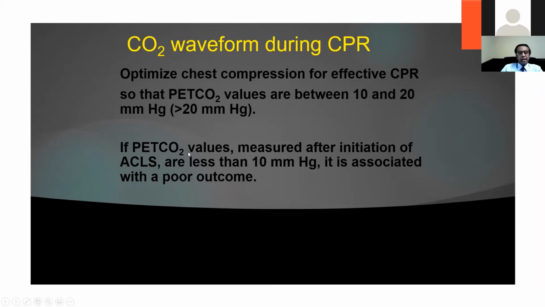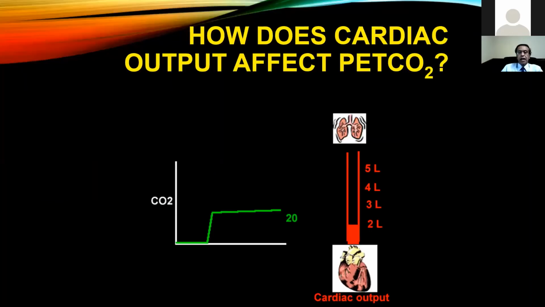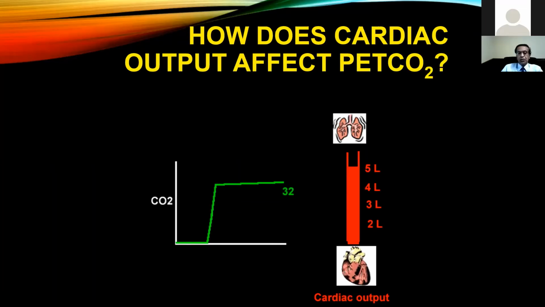If the end-tidal CO2 values measured after initiation of ACLS are less than 10 millimeters despite good CPR technique, then it is associated with poor prognosis. Again, I'm emphasizing how cardiac output is directly related to CO2.